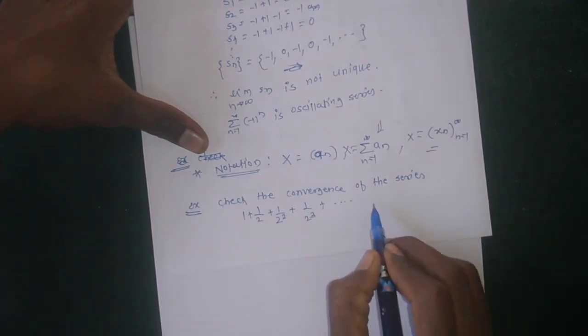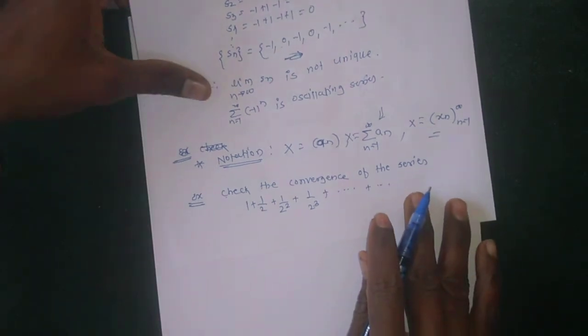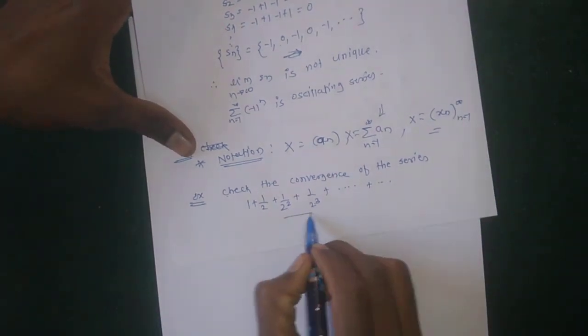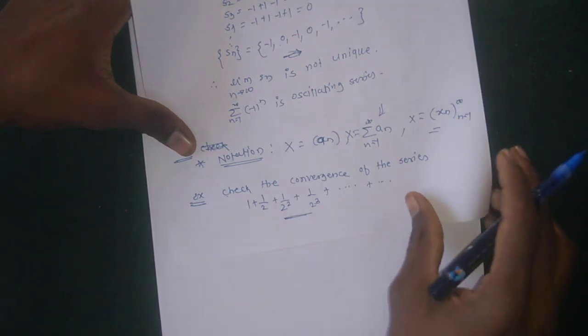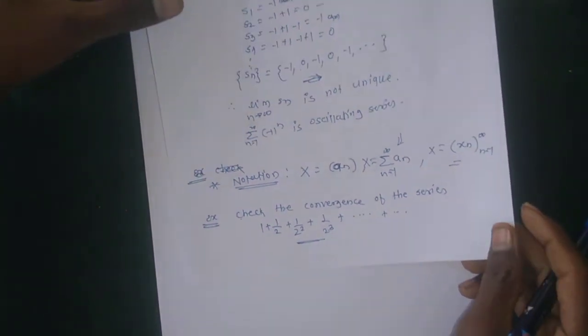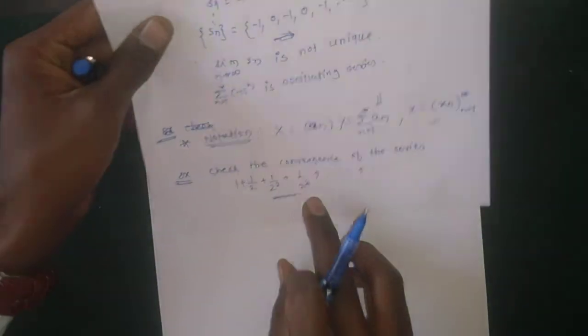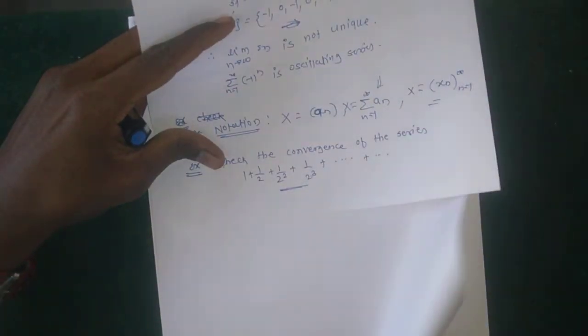This series is a sum of 1 plus 1 upon 2 plus, and so on. How do we find whether the given series is convergent or divergent?